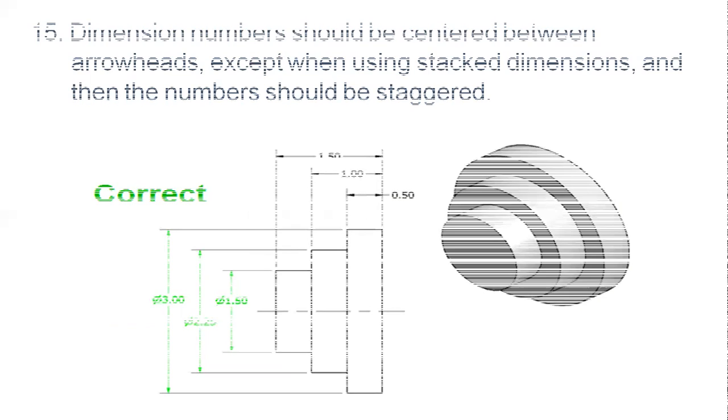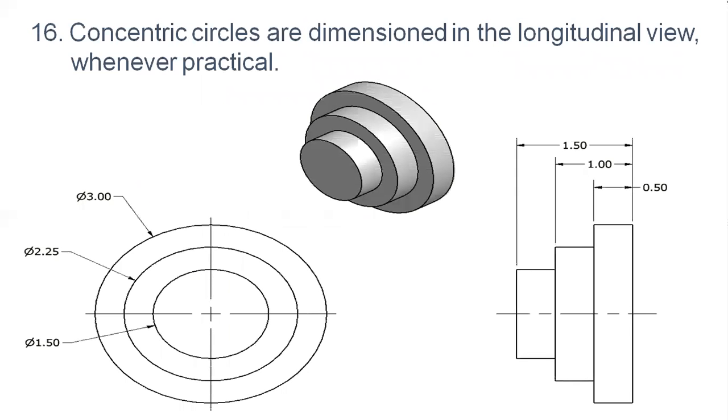Then, concentric circles are dimensioned in the longitudinal way whenever practical. There are certain cases where we show the dimension lines in a concentric way. In this case, you can see the feature. This is the incorrect way of dimensioning. You can see the diameters of those circles are shown randomly.